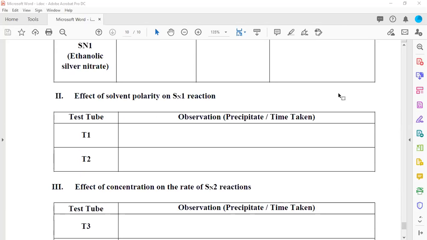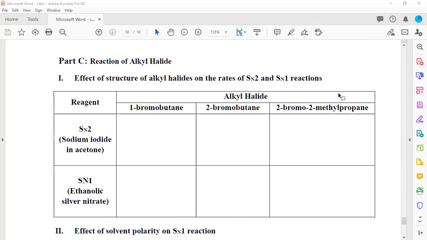Yang nombor 1 tu, in general, it talks about the SN2 dengan SN1 reaction. Saya highlight kat sini. Jadi kat sini SN2 SN1 reaction.